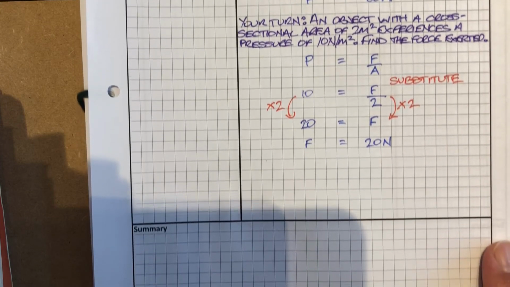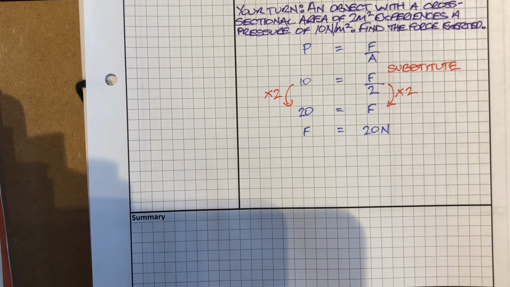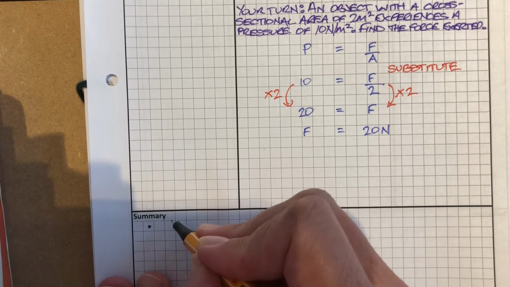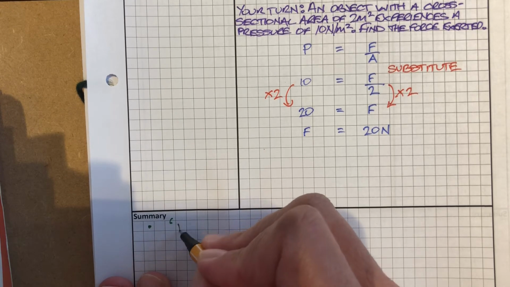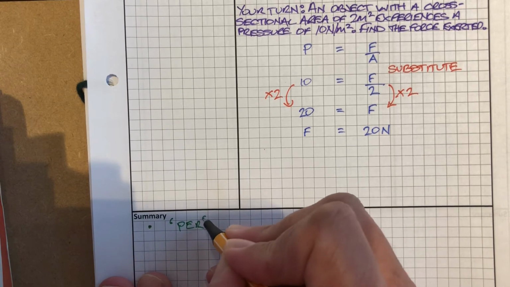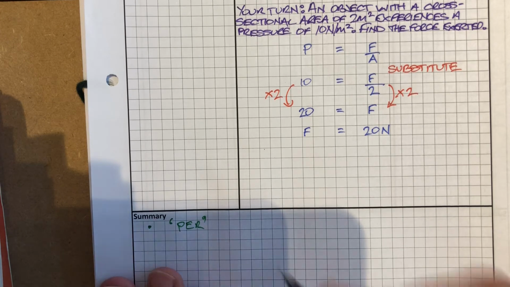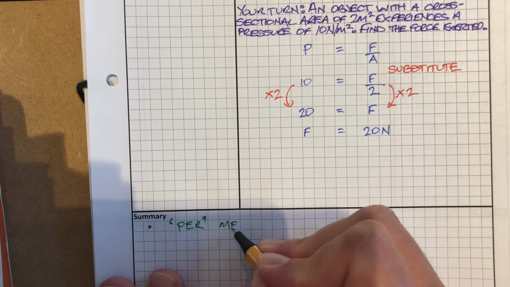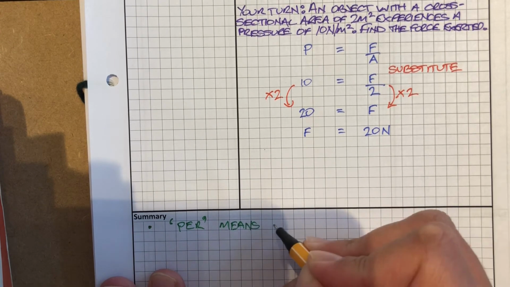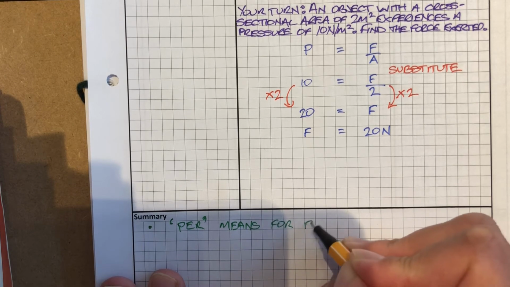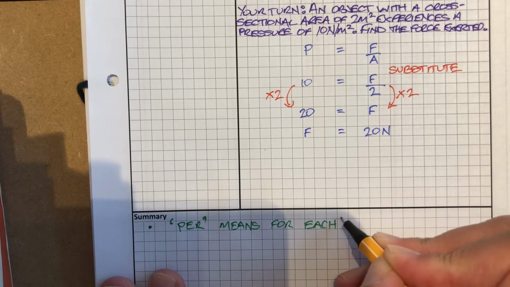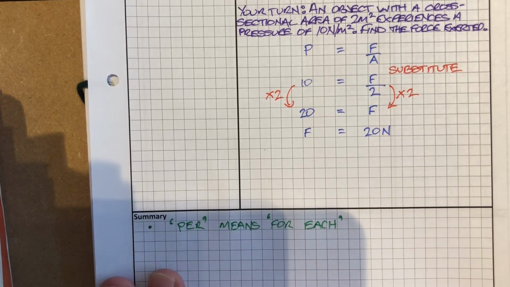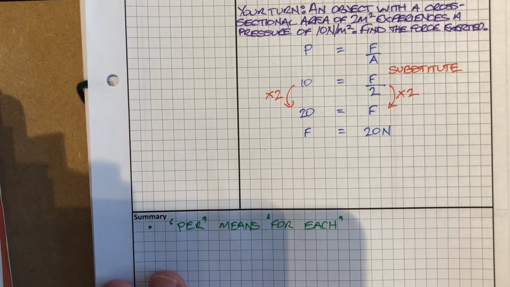Let's summarise that. So, when you hear the word per, as in miles per hour, it means for each. Okay, so 60 miles per hour means 60 miles for each hour.